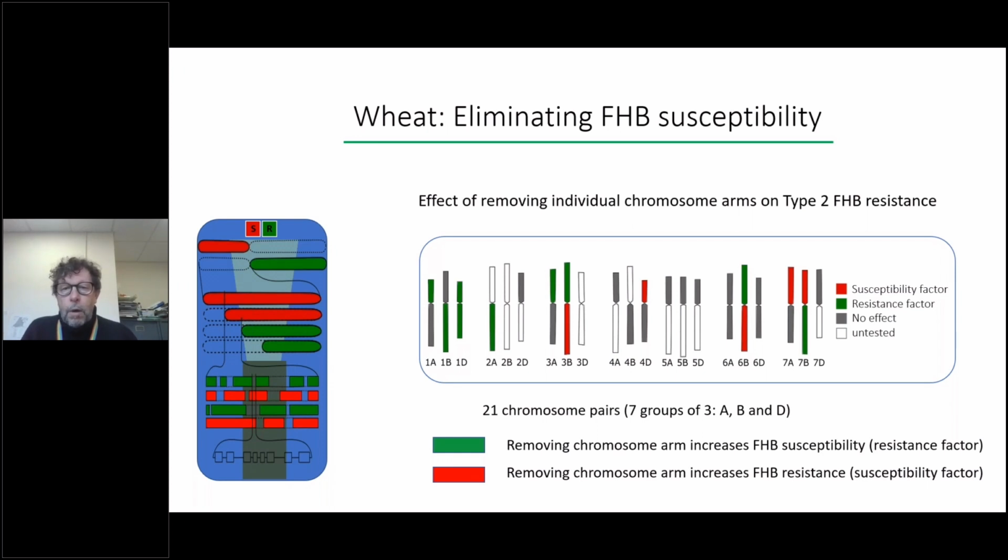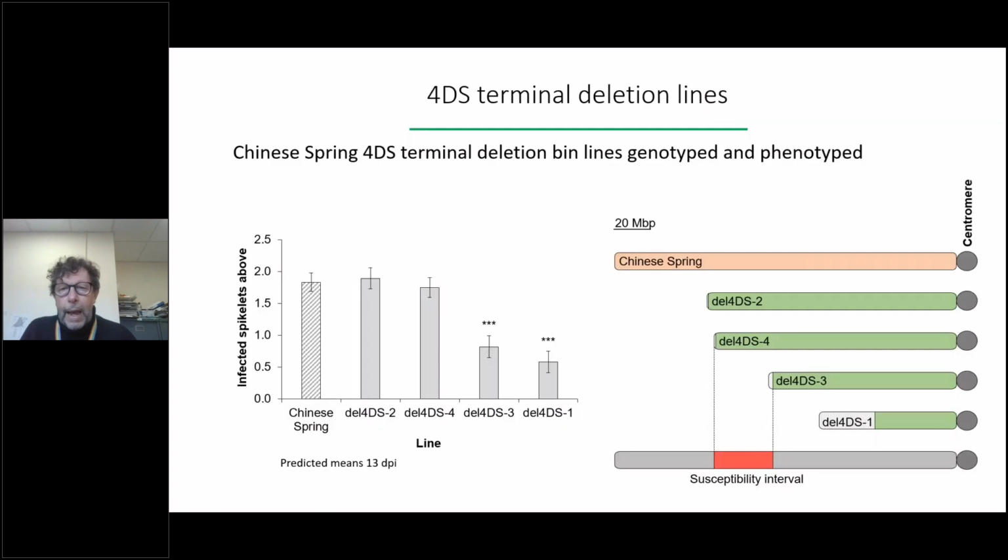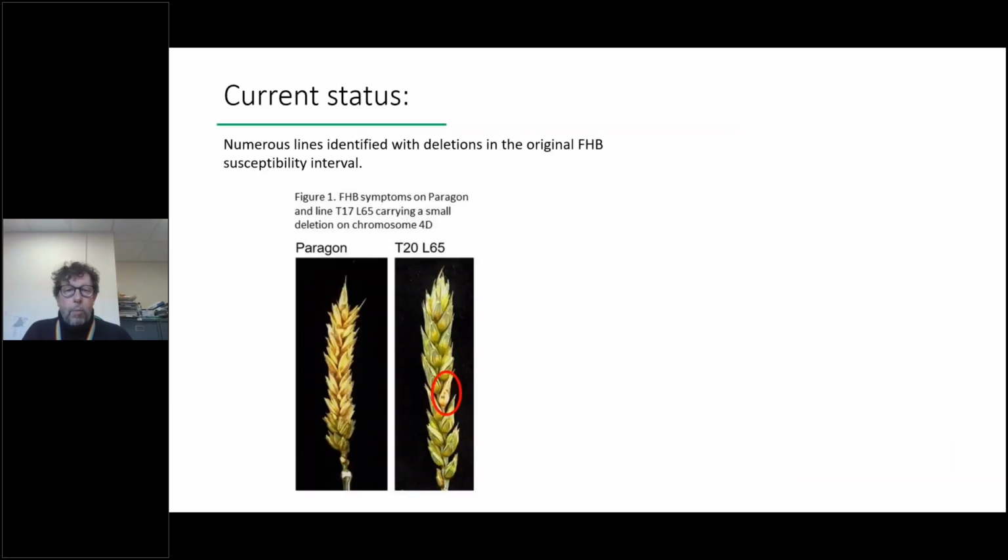We've been focusing on 4D, and we showed that it's restricted to a portion of the 4D chromosome, and currently we're working on that resistance, and we've shown that small deletions can lead to very marked increases in resistance.